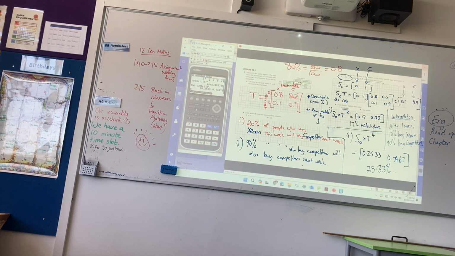Move the decimal spot 2 spots to the right, as opposed to Beyonce telling us to the left. So Xenon's market share is increasing.